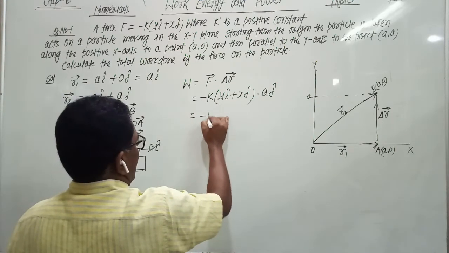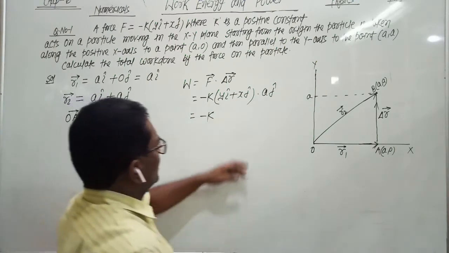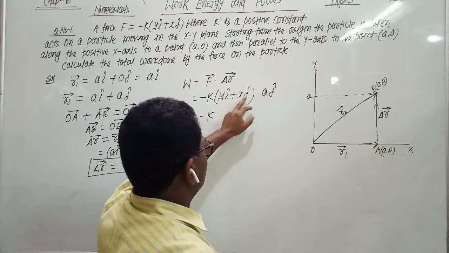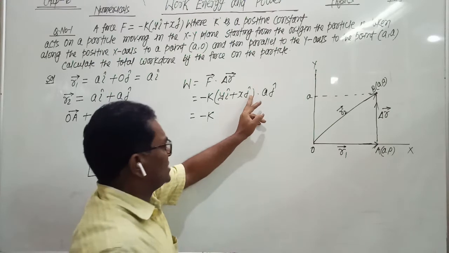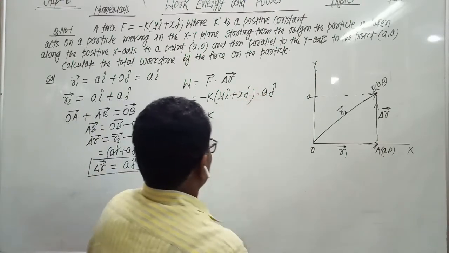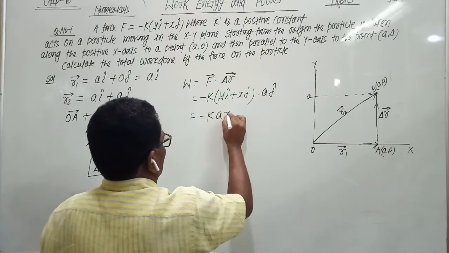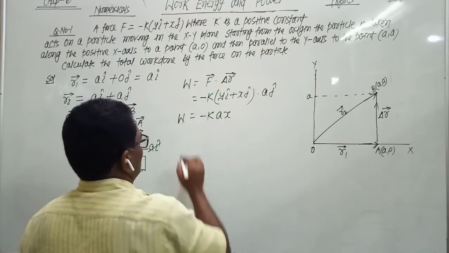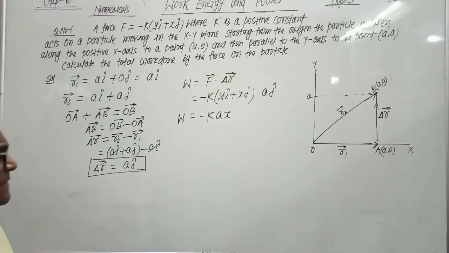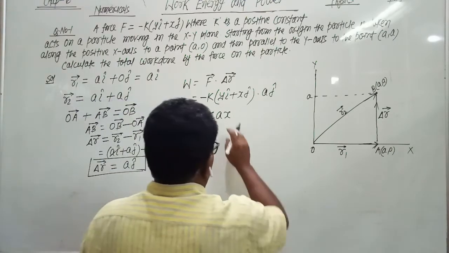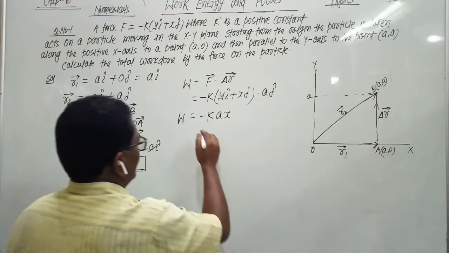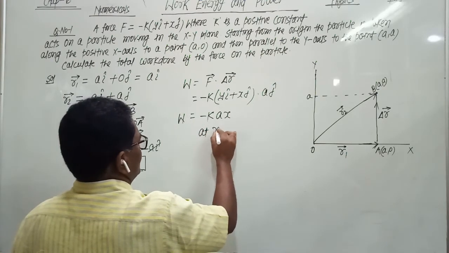Now minus K is a constant, so x j vector dot a j vector. j dot j becomes 1, so it gives xa or ax. So the work done W equals minus K a x, and the value of x is a. So put x equals a.